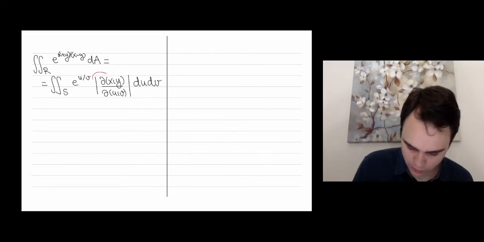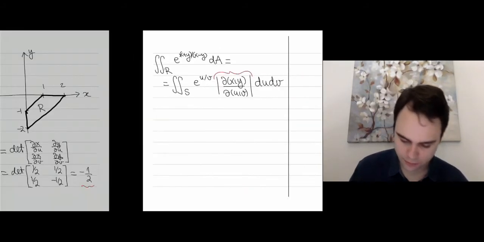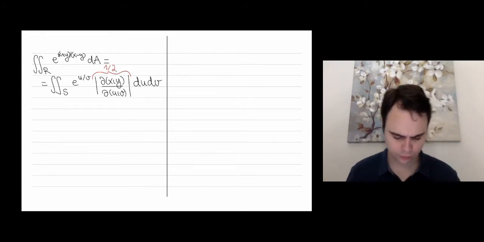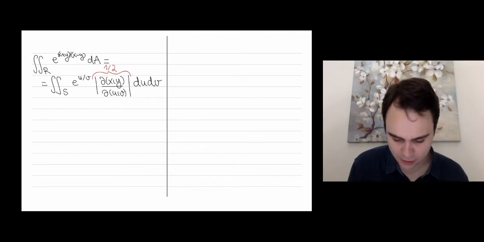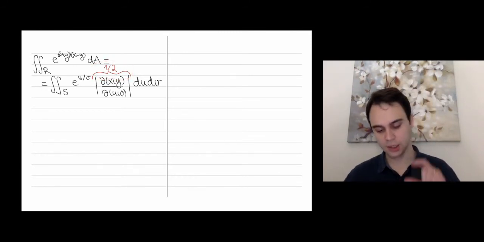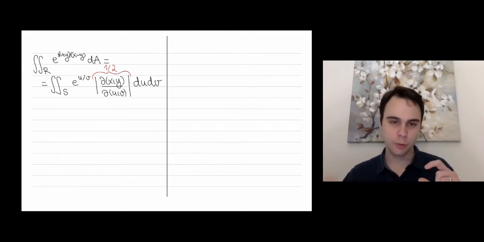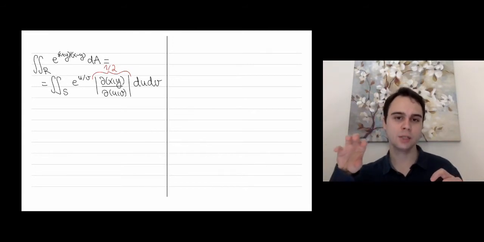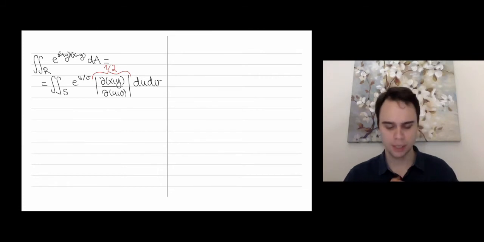Now the Jacobian determinant is minus a half, so in absolute value it's just equal to 1/2. So this scaling factor is equal to 1/2. This is telling me that if I take a little rectangle in the UV plane, the area of the corresponding region of the XY plane is going to be a half of the area of that little rectangle in the UV plane.